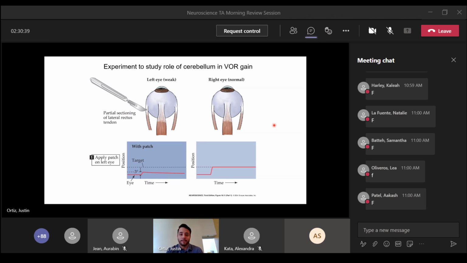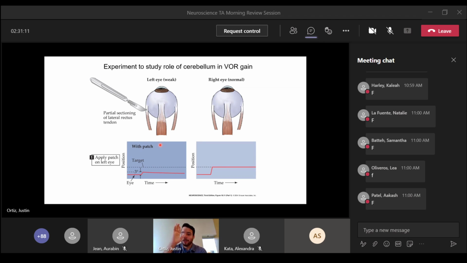So what happened here? Basically, they cut the lateral rectus of the left eye, meaning the left eye was weak, right? It's not able to abduct. So they put a patch on the left eye. What's going to happen if we tell them to look at an object, let's say to the right?